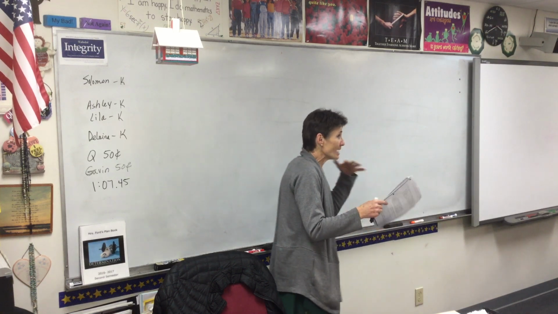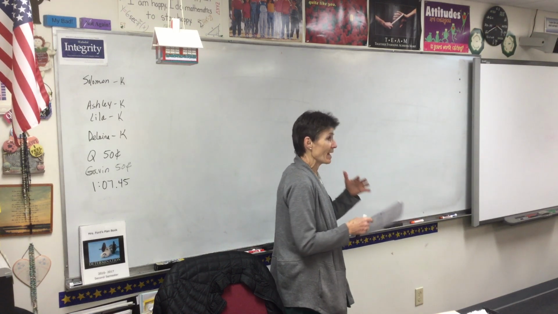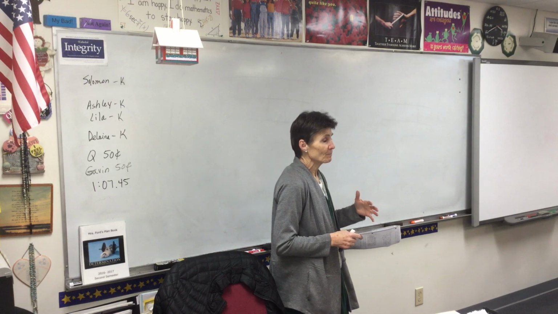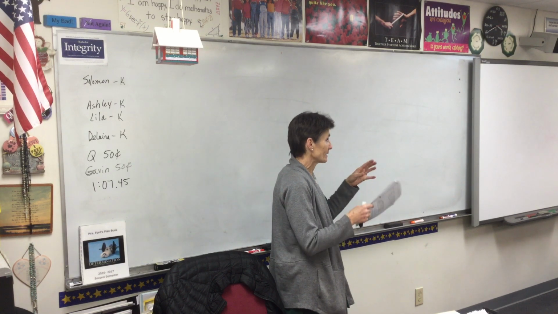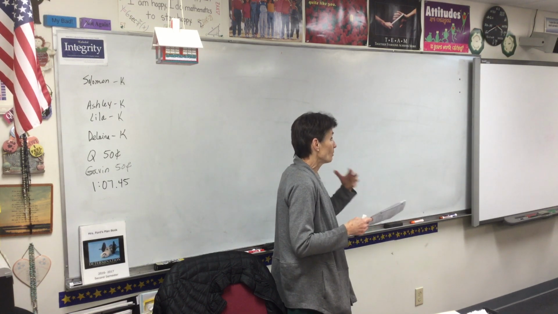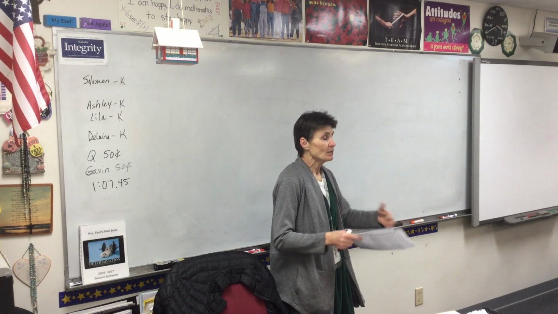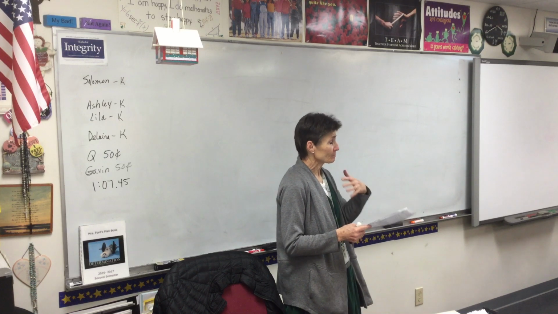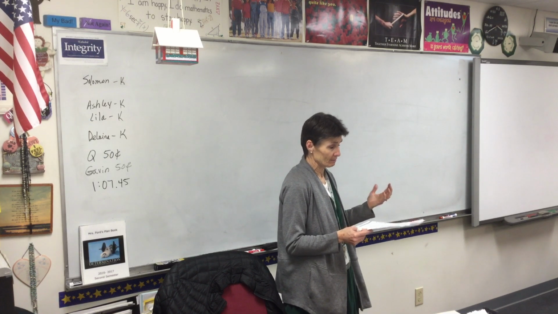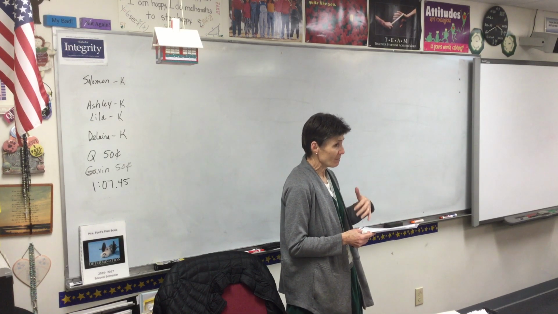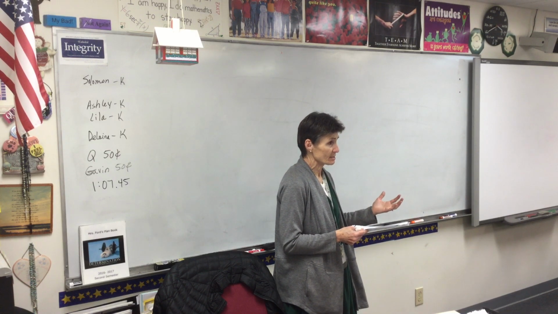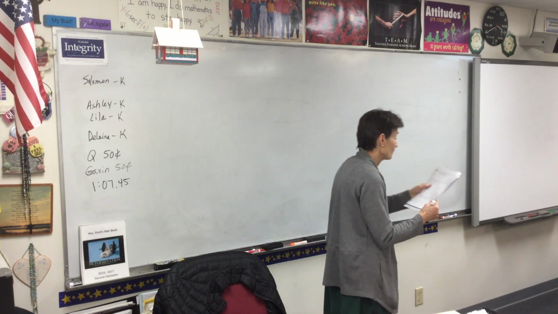So if you're not comfortable, like if you don't know anything about a deck of cards, you might want to go home and kind of just look through one. So when we talk about what's the probability of drawing 2 kings, you'll know what we're talking about, and you'll be able to work it out. Because it's hard to do the math if you don't understand what a deck of cards is like. So spend some time with that if you need to.